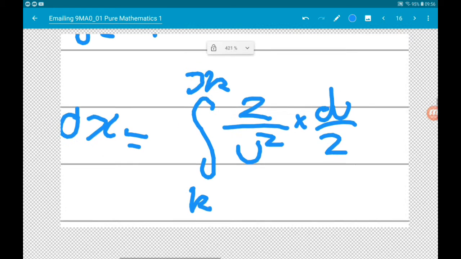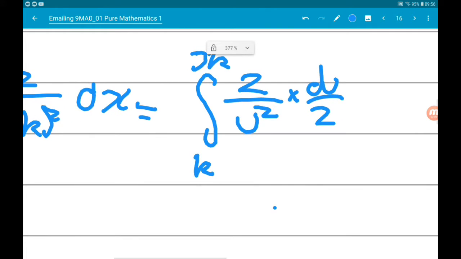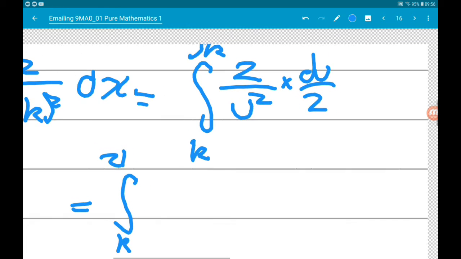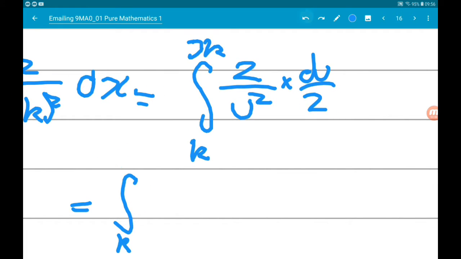Now the 2's cancel out, so we just get the integral between k and 3k of 1 over u squared with respect to u.